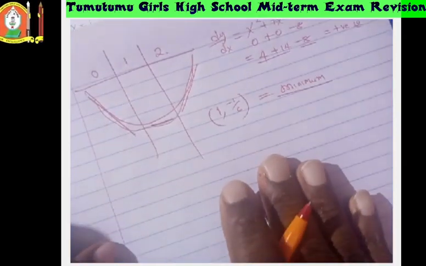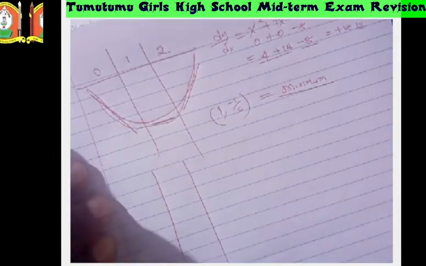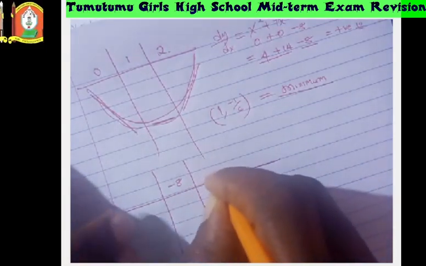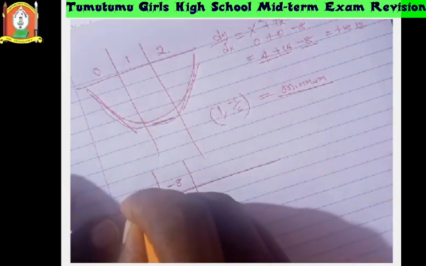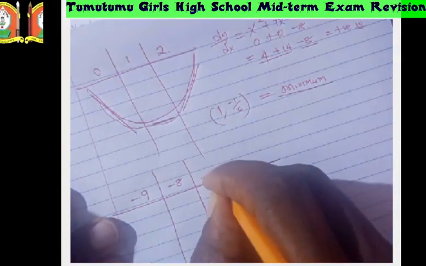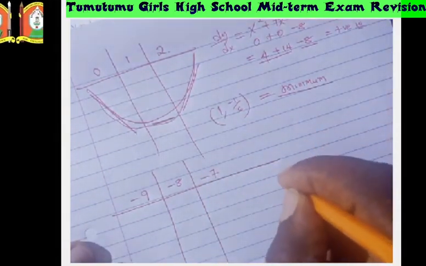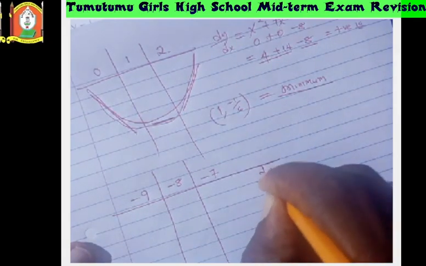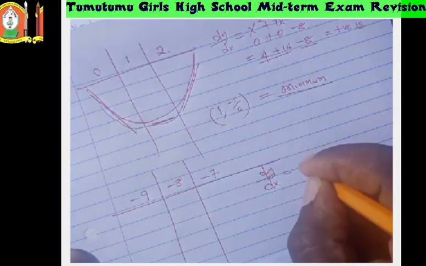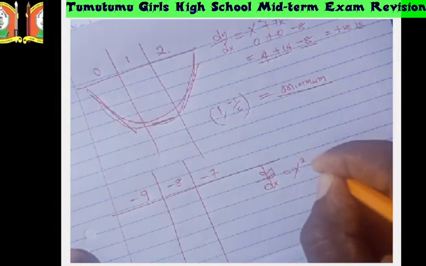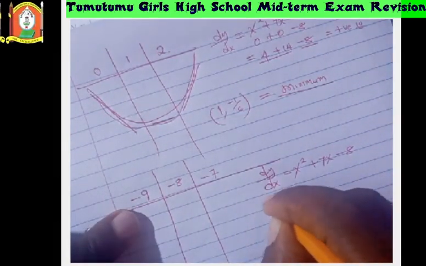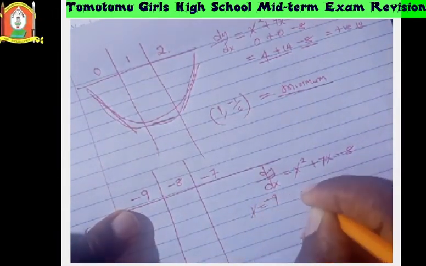We confirm another one. When we have negative 8, to the left of negative 8 on a number line is negative 9, and to the right is negative 7. So we substitute in dy/dx, which is x squared plus 7x minus 8. We substitute x equal to negative 9.